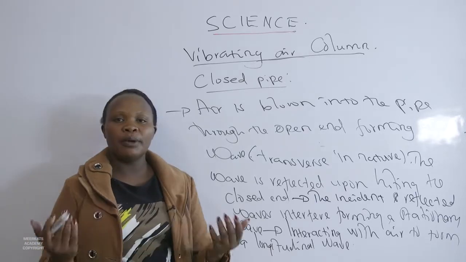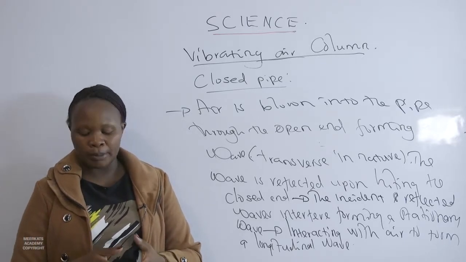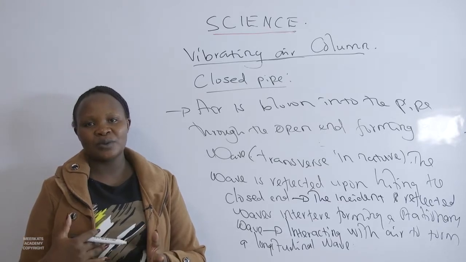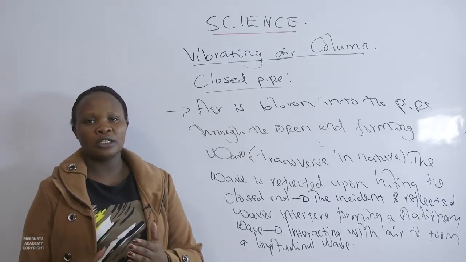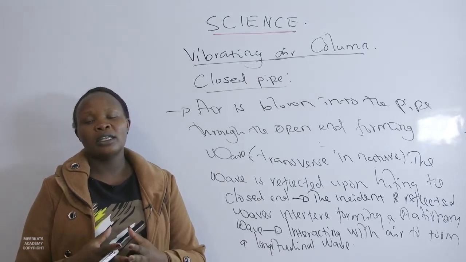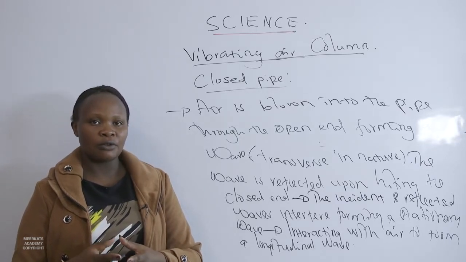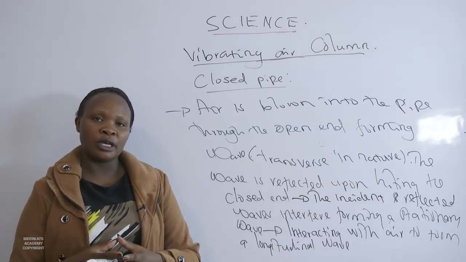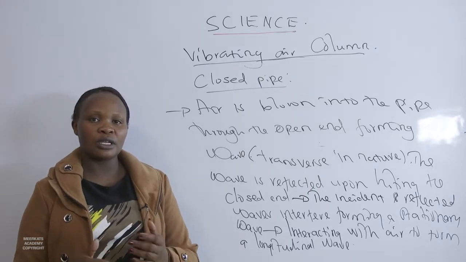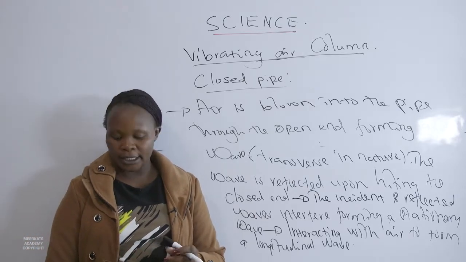Now, depending on how we blow the air into our pipe, that is going to inform the variation in tones. The variation in tones is all about the size of the wave that is formed when we blow the air, and that is going to vary the tones and give us different kinds of sound quality.